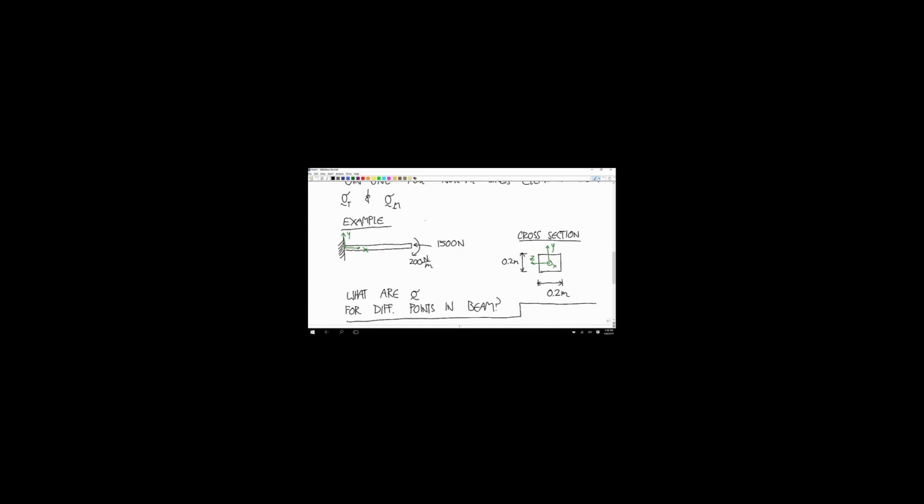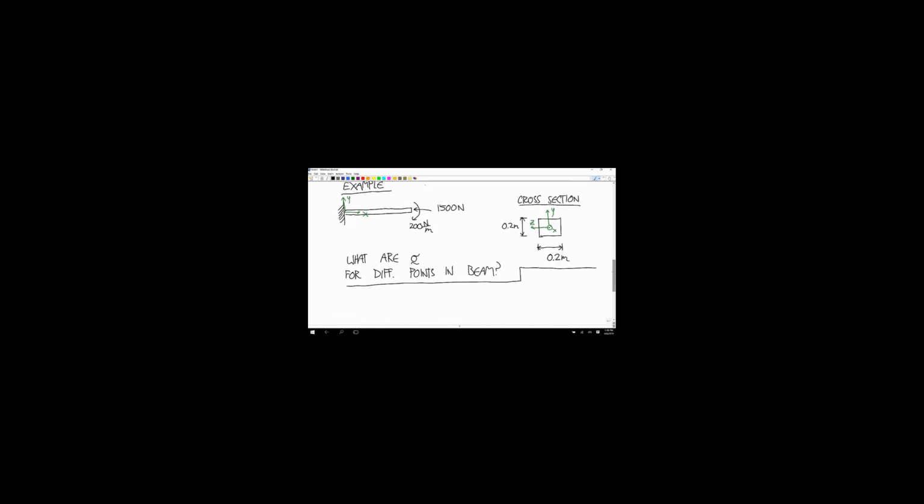Well, we can do this full problem because when you calculate the internal loads, there's only going to be compression inside the beam and bending moment. There are no downward forces producing shear forces or torques. So the first thing we need to do is calculate the internal loads.